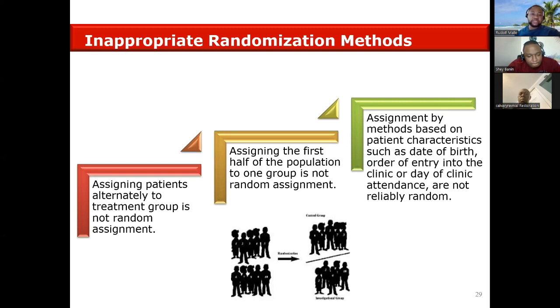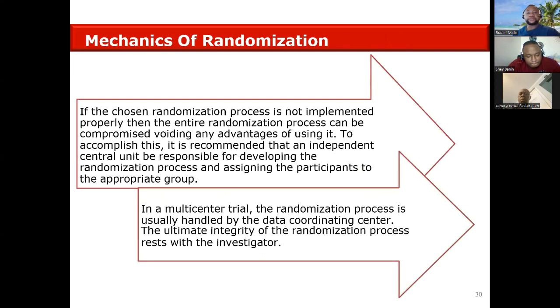Assignment by methods based on patients' characteristics is also not a randomization process, because you cannot base it on their date of birth or the date they came into the clinic, because anybody can come to the clinic at any point in time. So, mechanism for randomization: if the chosen randomization process is not implemented properly, then the entire randomization process can be compromised, avoiding the advantages of using it in the first place.